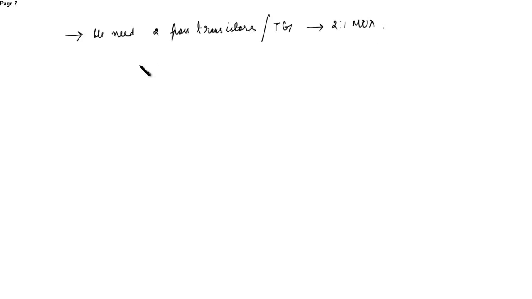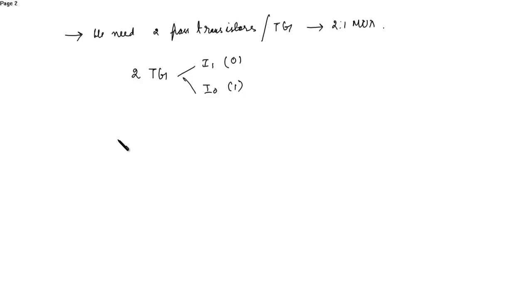These 2 pass transistors or the 2 transmission gates are needed in order to pass the input, that is I1 and I0, depending on the select line value 0 and 1.